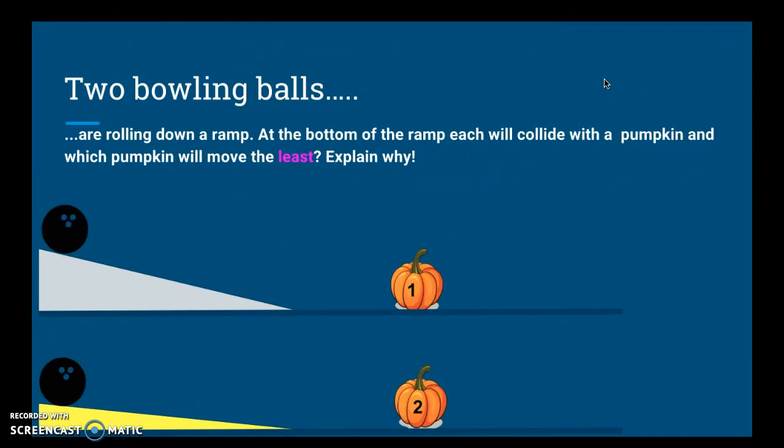Once again, we have two bowling balls that are rolling down a ramp. At the bottom of the ramp, each will collide with a pumpkin, and which pumpkin is going to move the least? Both of the pumpkins are the same size. This time we are changing the ramp height. Pumpkin 1 has the gray ramp, which is higher, and pumpkin 2 has the yellow ramp, which is less steep.